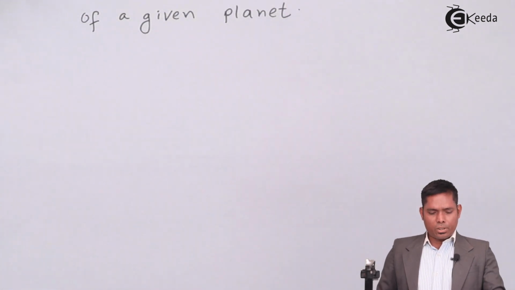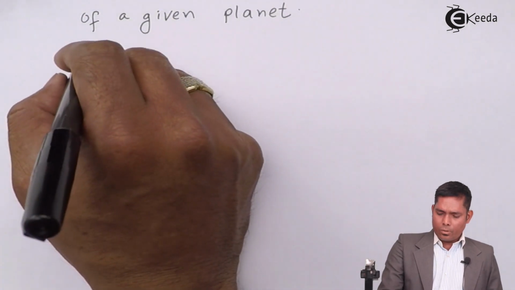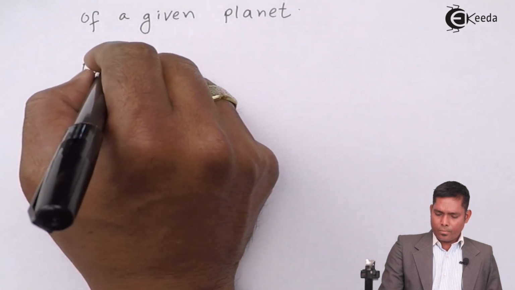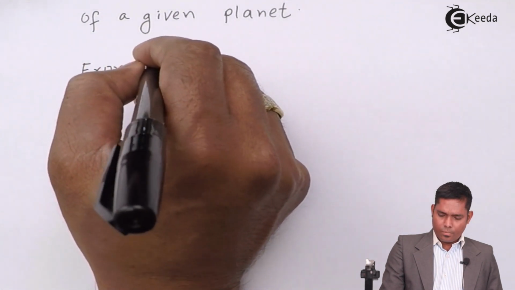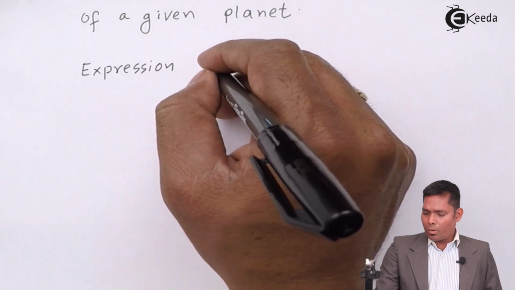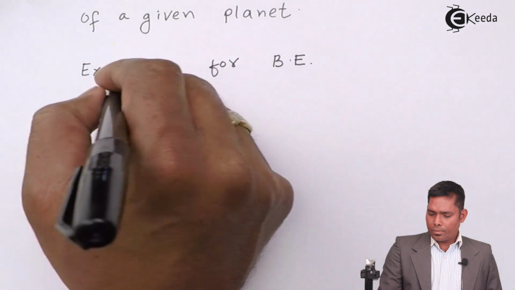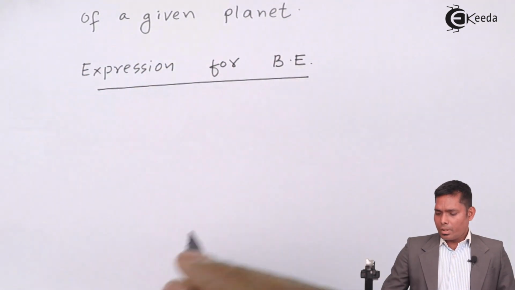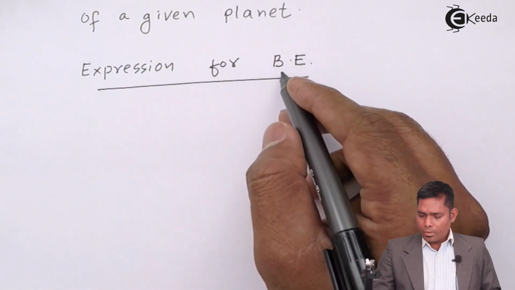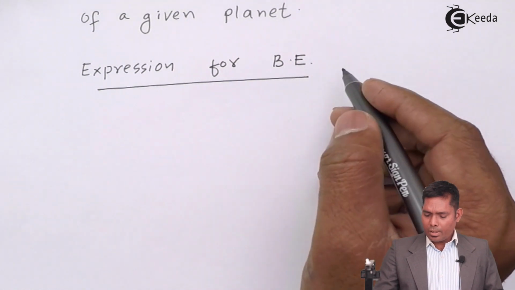How do we find the expression for binding energy? It is the sum of kinetic energy and potential energy, taken with a negative sign.